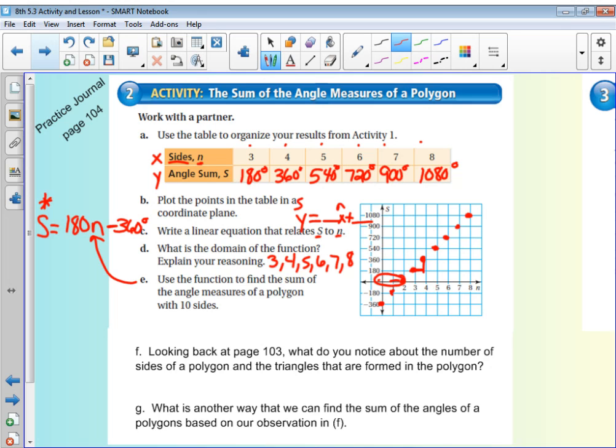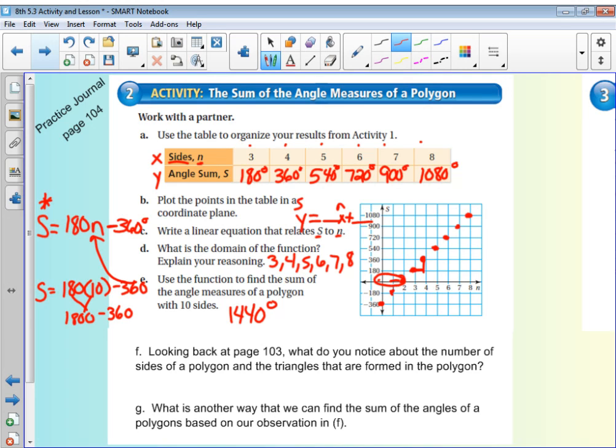So I have our sum equals 180 times 10 minus 360. So if I go ahead and now do this, I get 1,800 minus 360. And when I do that, it gives me 1,440 degrees. So a 10-sided figure is going to have a sum of 1,440 degrees.